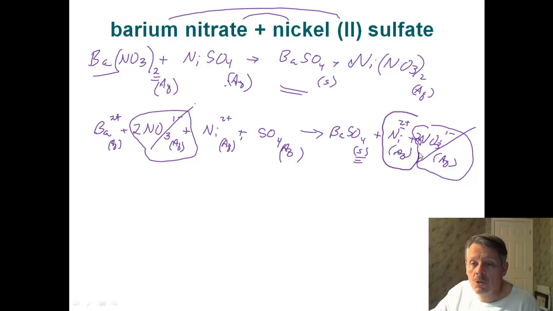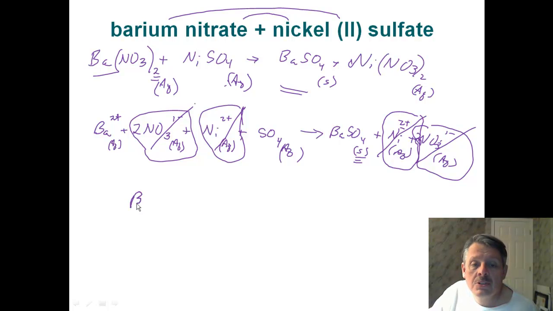We'll also look at nickel with a 2+ charge, which is aqueous. The same thing on the left-hand side. So again, it is the same on both sides. So we're essentially going to get rid of it because they're spectator ions. So what's left? Well, what's left are the things that changed, the things that are not spectator ions.